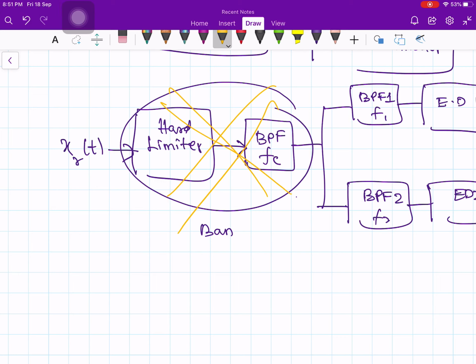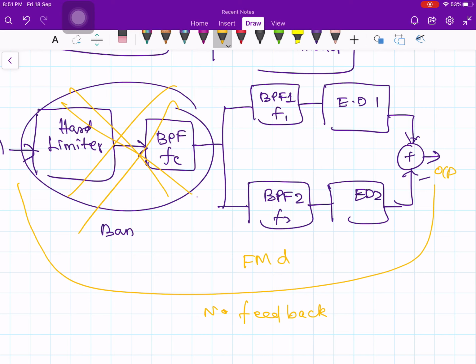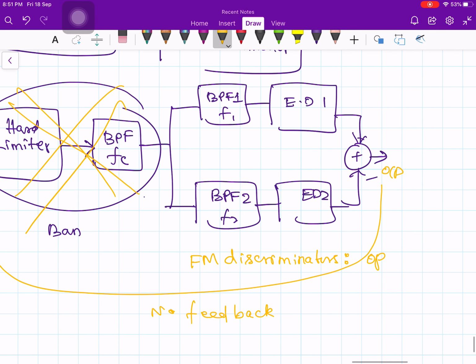Okay, so we have not gone through the complete list of FM demodulation as such, because what we have discussed so far is one class of FM discriminators, which are basically open loop systems. There is no feedback from the output. This is my output, there is no feedback. Therefore this type of FM discriminator is called open loop discriminators.